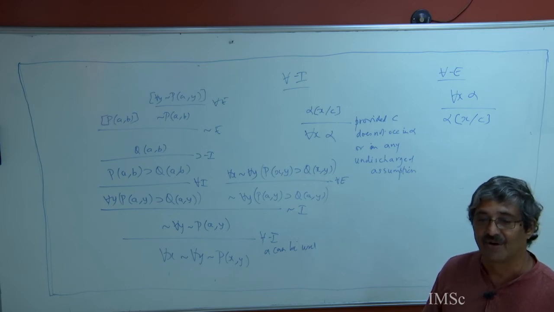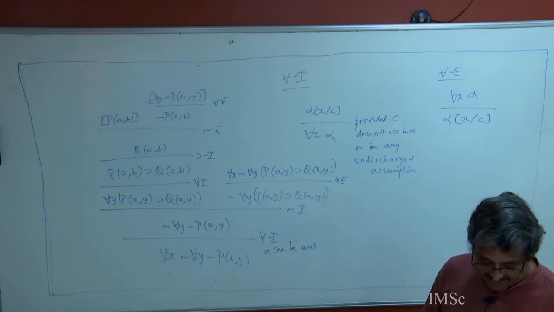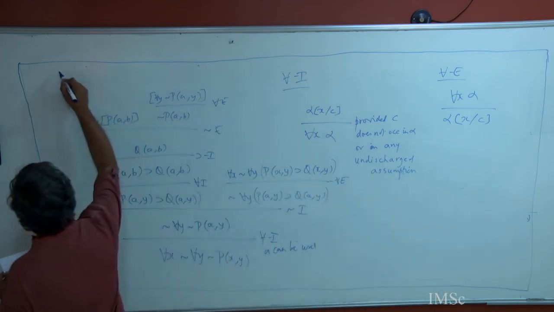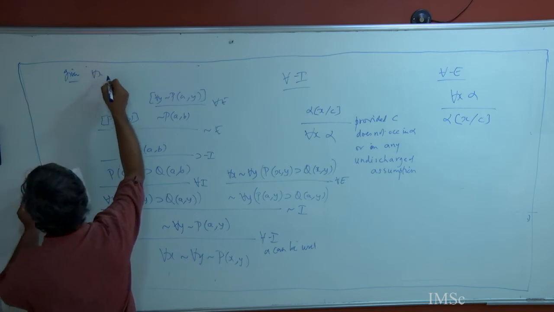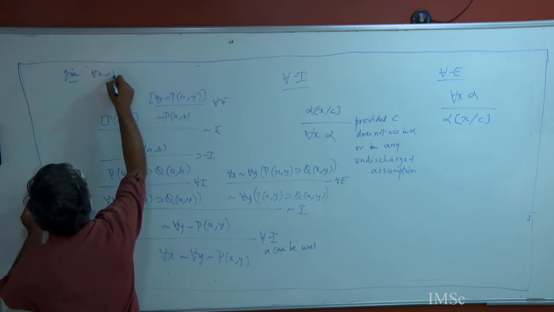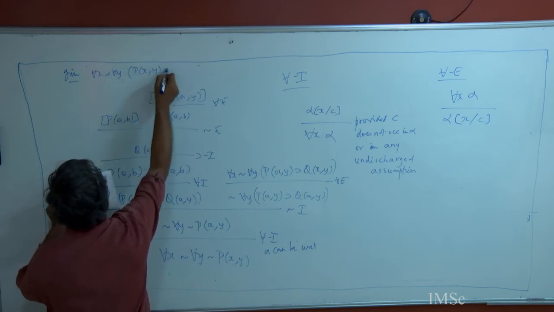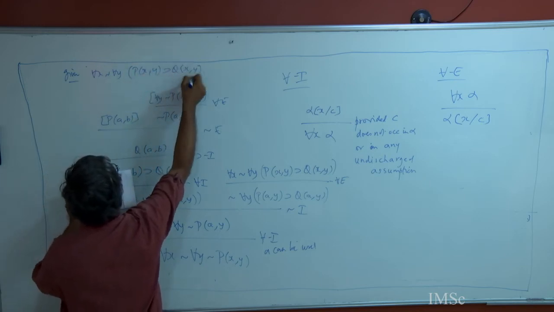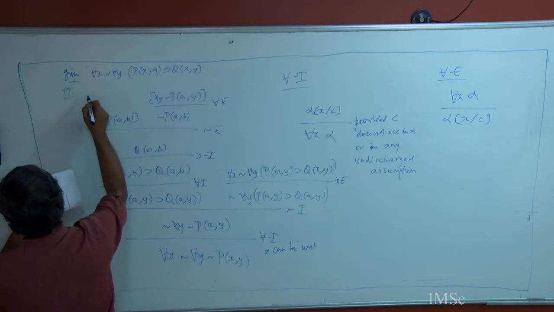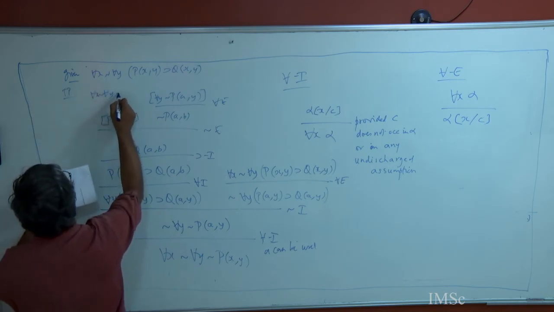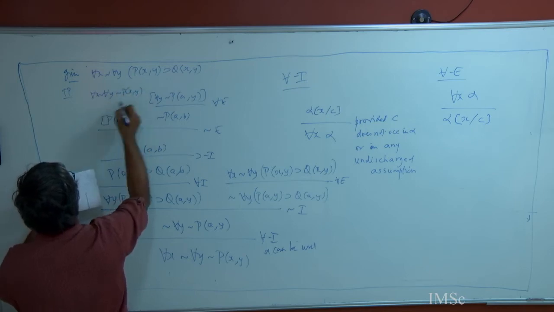This is what you have to do, and you have to plan it out a little bit. And the plan really, as I said, is you look at the form in which it is given. Given is for all x, not for all y, pxy implies qxy. And to prove is for all x, not for all y, not pxy, right?